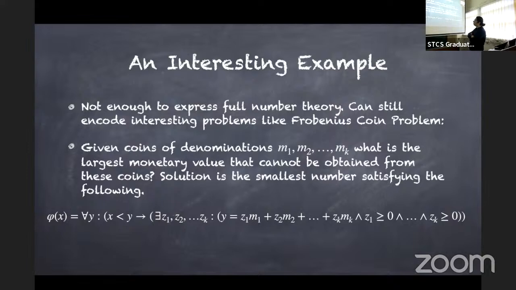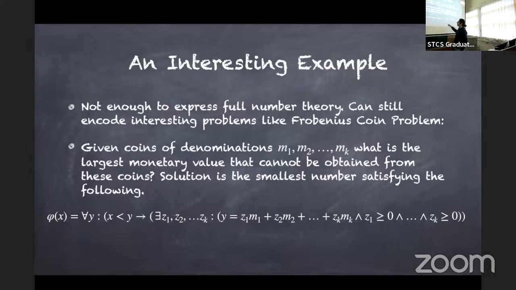The solution is the smallest number satisfying this particular Presburger formula, which says that for any number y greater than the given number x, y is obtainable from these denominations, as a positive linear combination of m1 to mk.